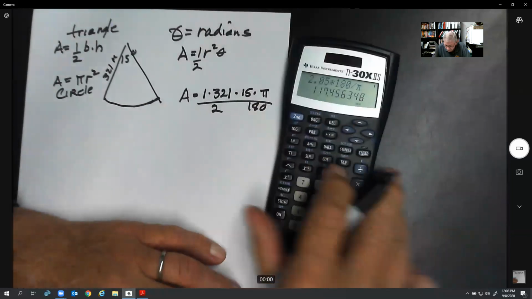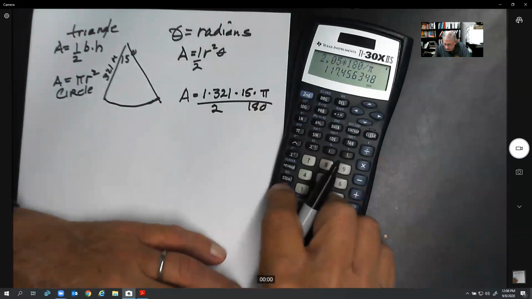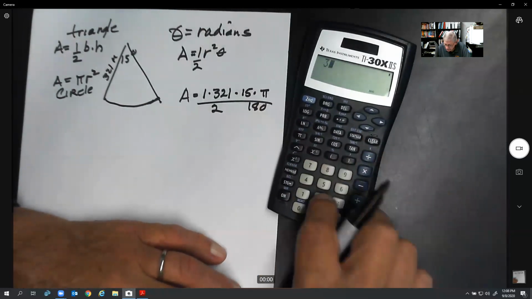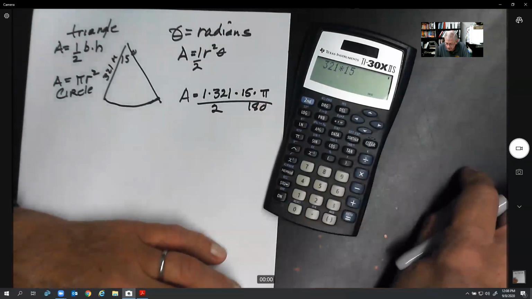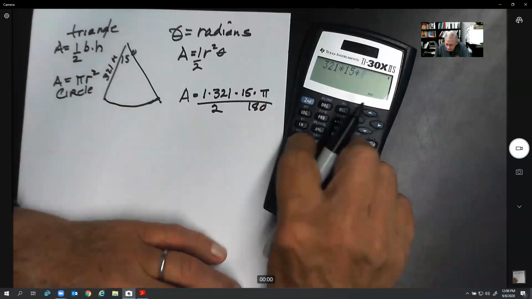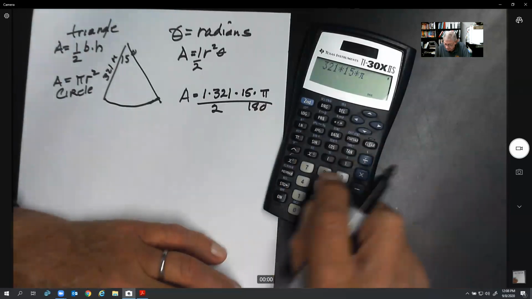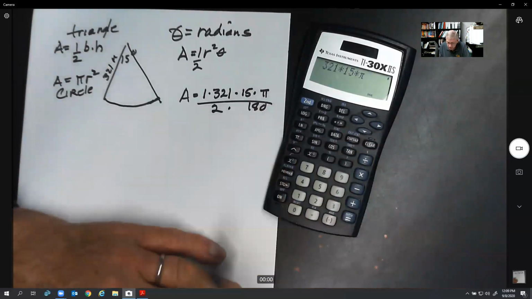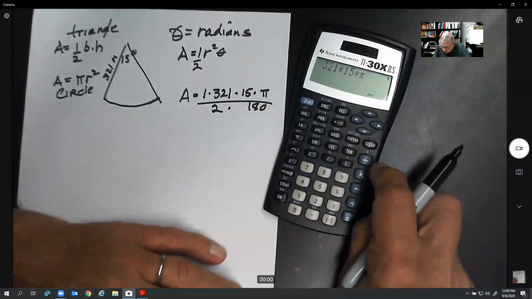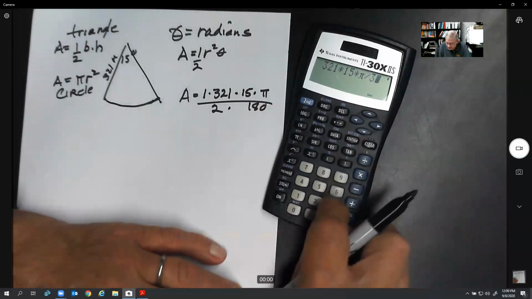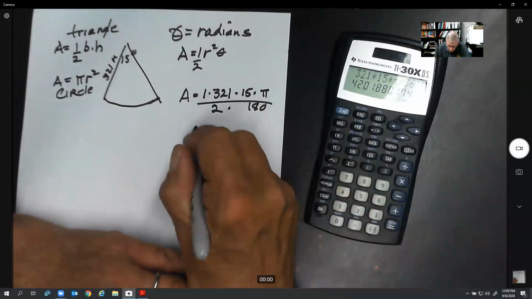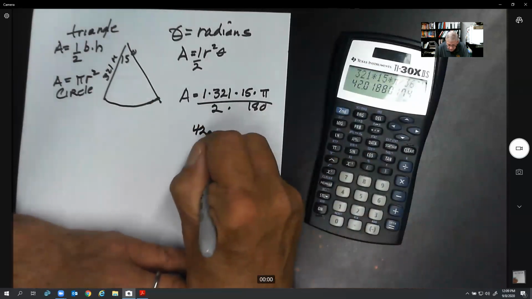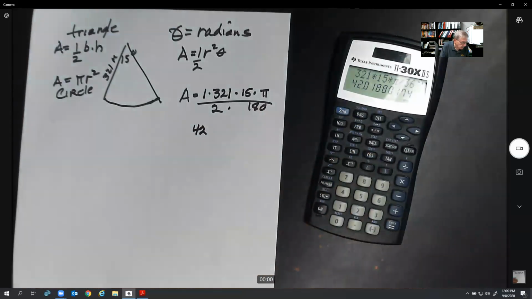So we've got 321 times 15 times pi, and we're going to divide by 2 times 180, so we divide by 360. And we come out with 42.00.